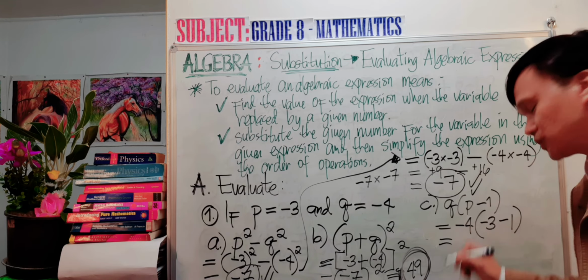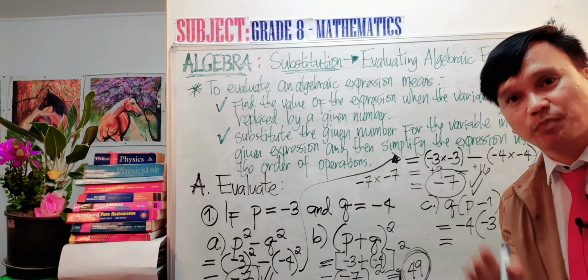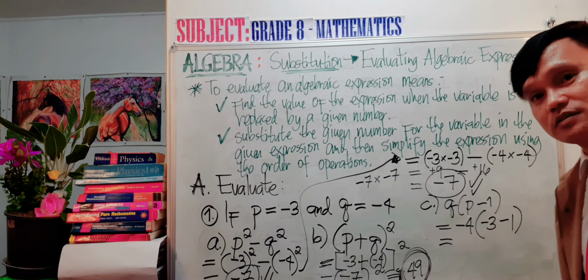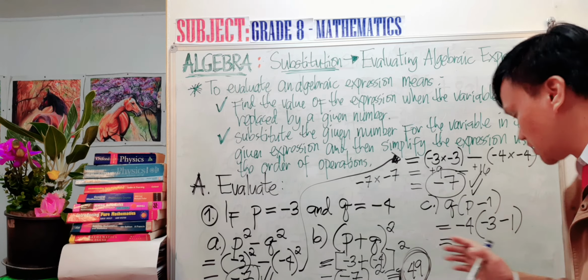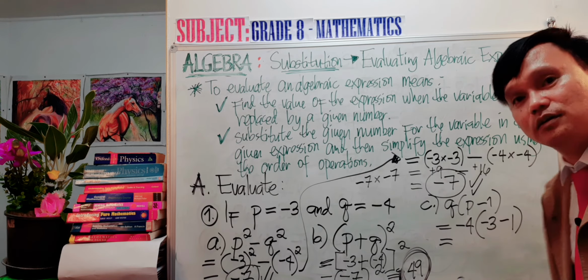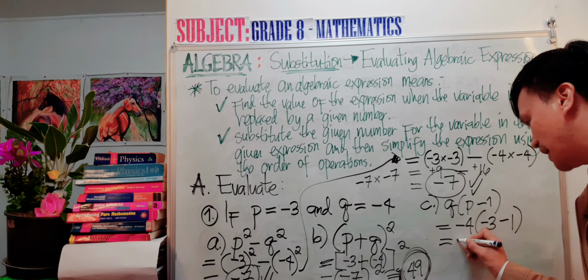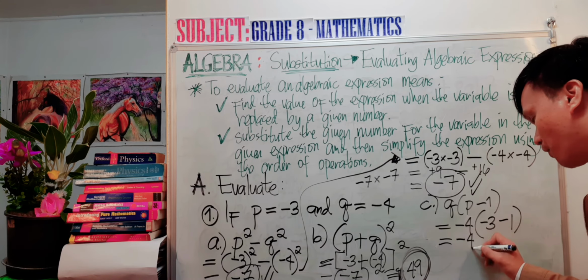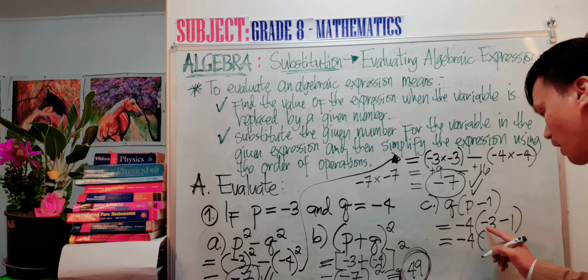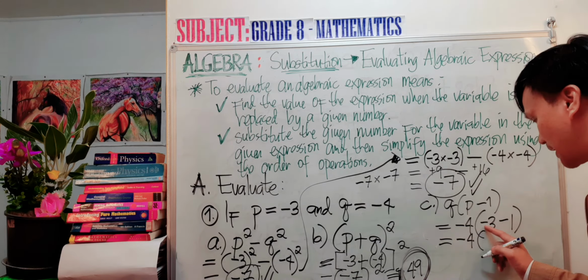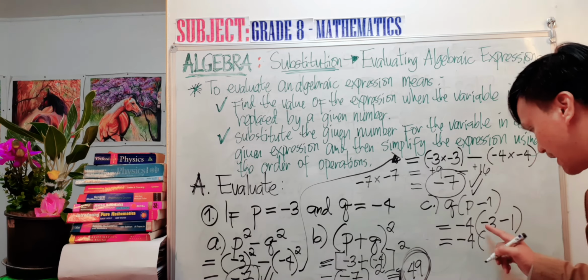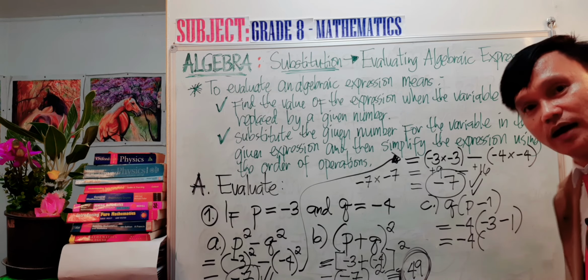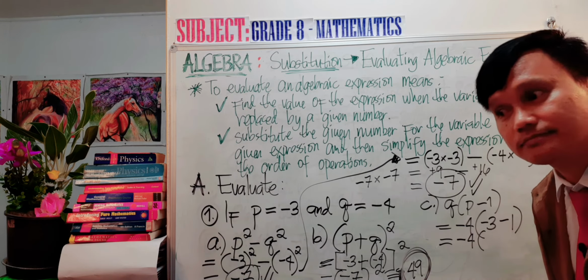Okay, now take note here, whenever an expression is using a grouping symbol, you must perform first the operation inside the grouping symbol. So we have to rewrite -4, and then what is the answer for -3 minus 1? -3 minus 1. What is the answer? Come again.